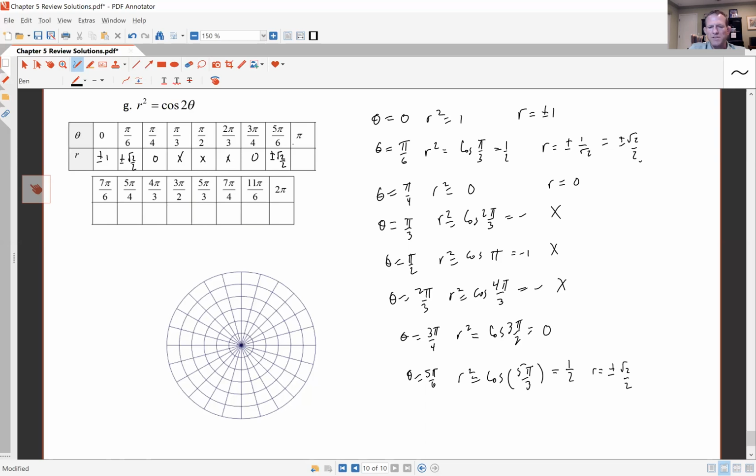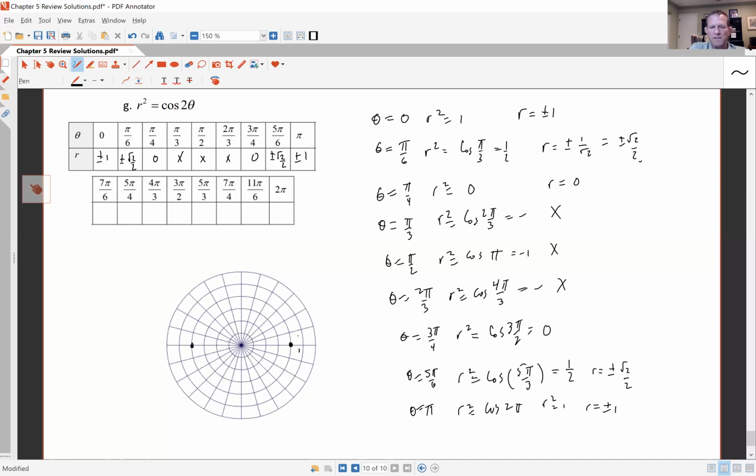And then lastly, cosine of 2 times pi. Cosine of 2 pi is 1. We have plus or minus 1 again. Okay, so with theta being 0, let's make every 4 be 1. 1, 2, 3, 4. With theta equals 0, we got 1, but we also got negative 1.